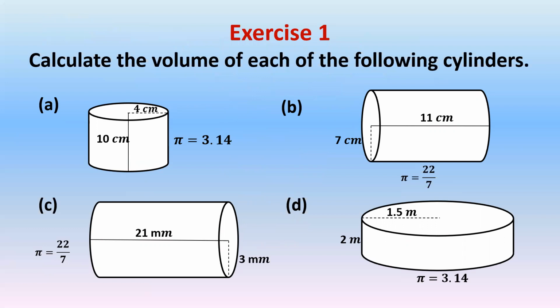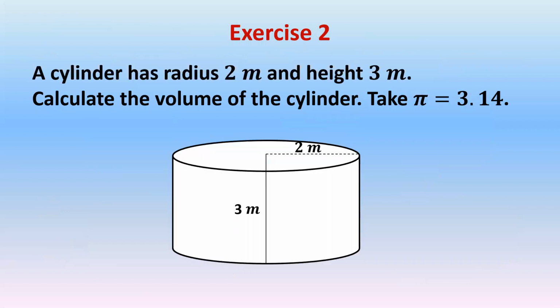Exercise 1. Calculate the volume of each of the following cylinders. Exercise 2. A cylinder has radius 2 meters and height 3 meters. Calculate the volume of the cylinder.